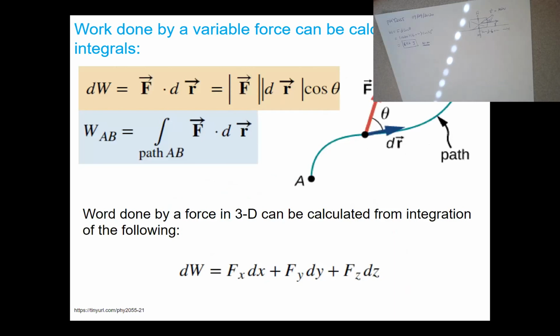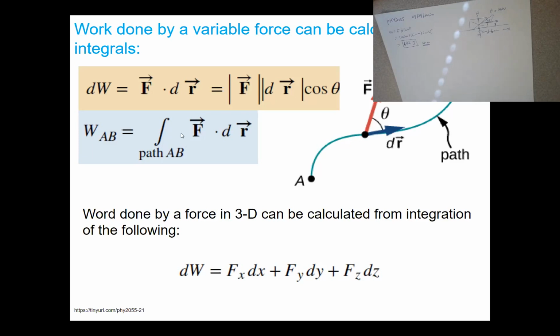Next we'll look at work done by a varying force. That means the force is not always constant, so it either changes direction or changes magnitude with time. In that scenario, you cannot use F times D times cosine, because F might be changing and theta might be changing as well.